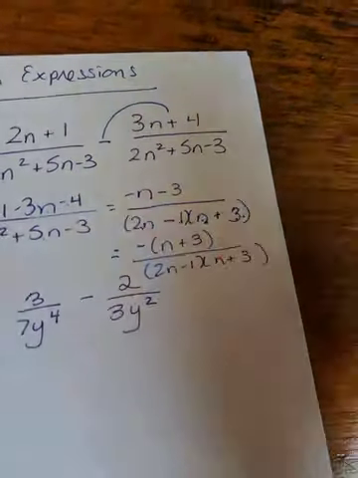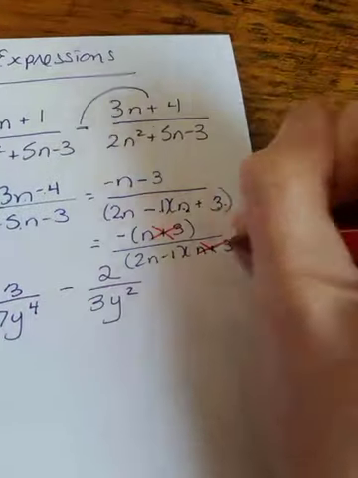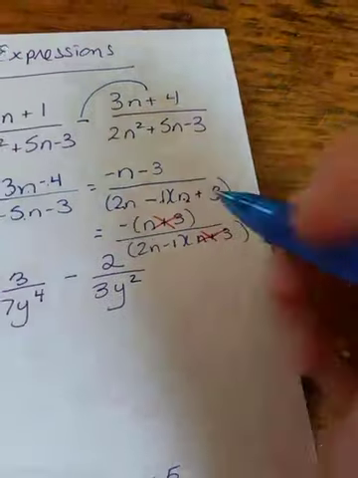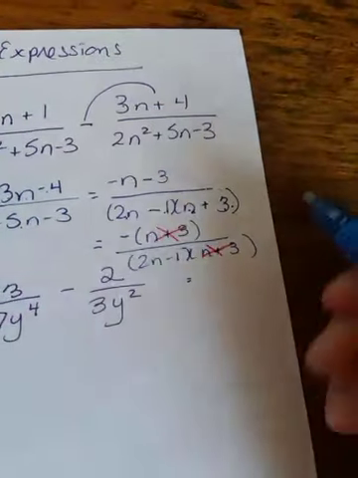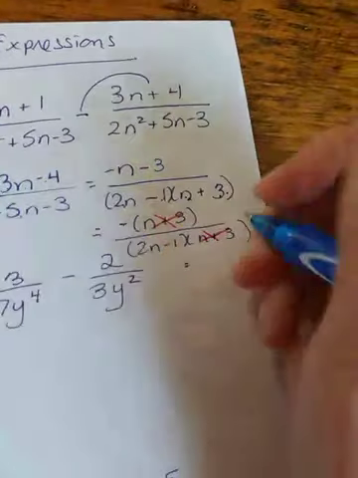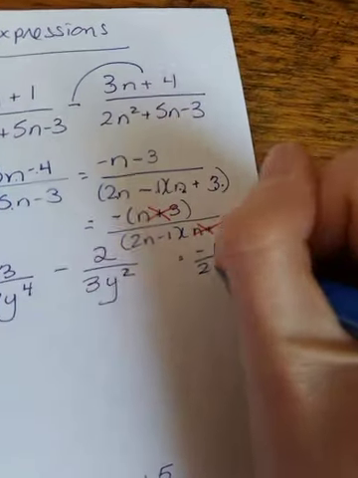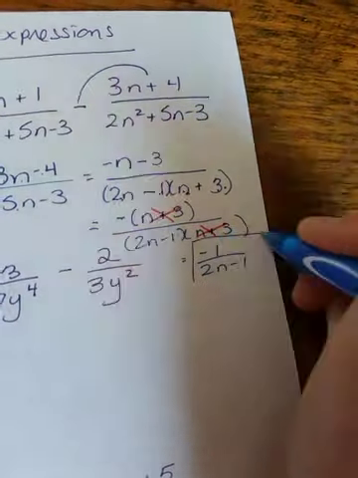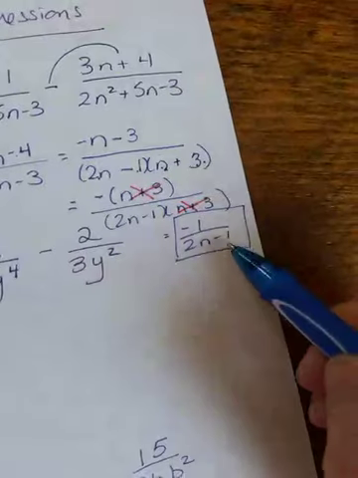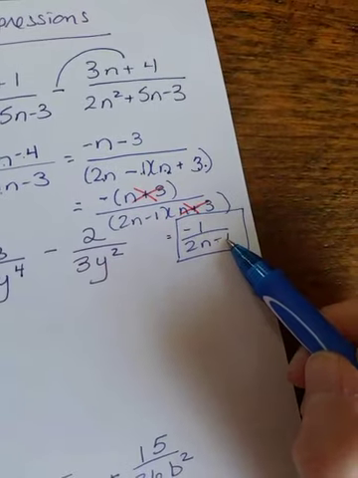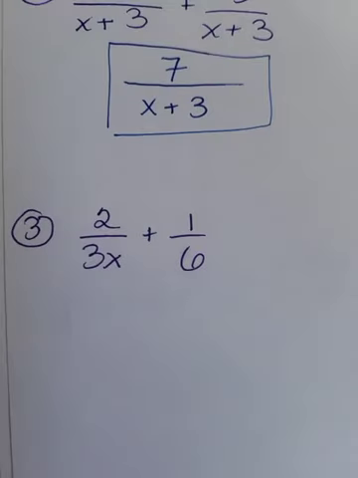Look at, they cross out. And so you are left with, in Mrs. Swanson's style of not leaving yourself enough room, what's left on the top? A negative 1 over 2n minus 1. No, the negative 1s do not cancel. This negative 1 is part of the binomial in the denominator. And you're done.